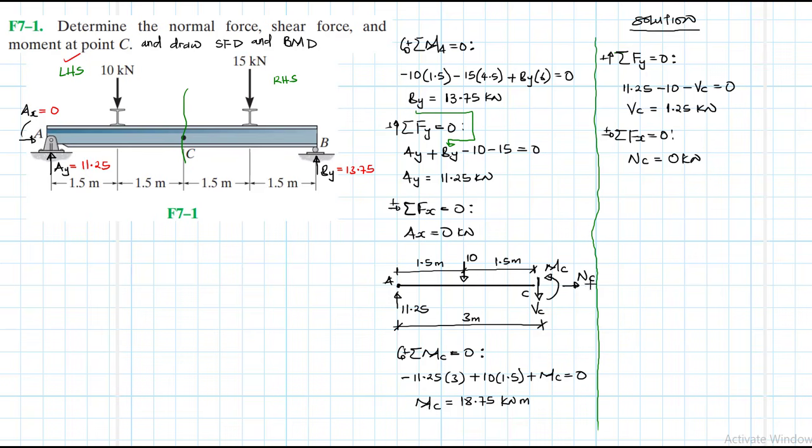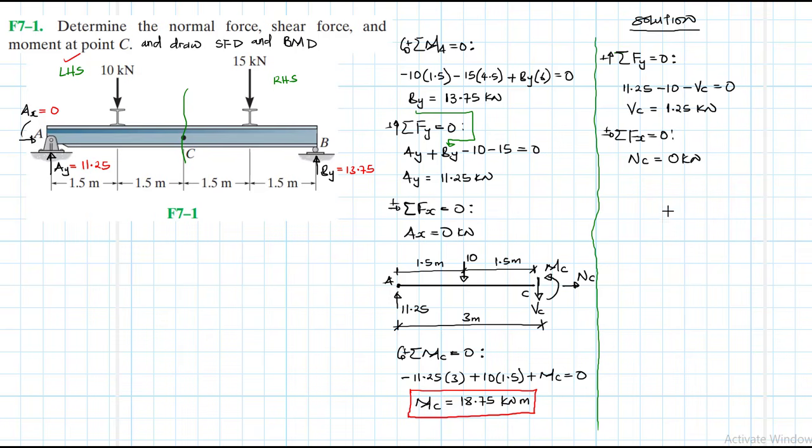Right, so we have found the support reactions, but the most important was to find the normal force, shear force, and the moment at C. So we have the moment, which I'm outlining right now in red.